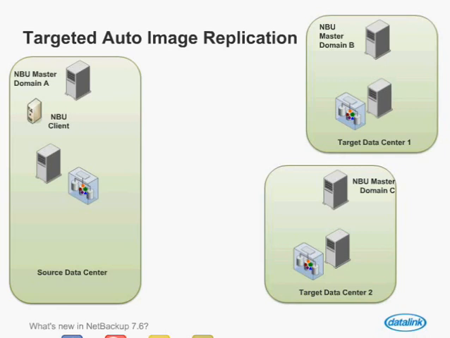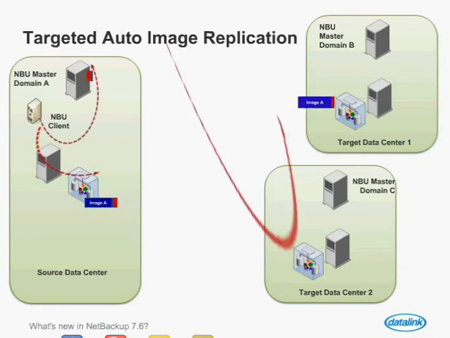So let's look at it because the picture is a lot easier to understand. If you look at this here, I'm able to take particular images on my master domain A from a particular NetBackup client, send that to a NetBackup appliance, have those images replicated over to NetBackup master B. And all the communications between the master domains are kept intact.